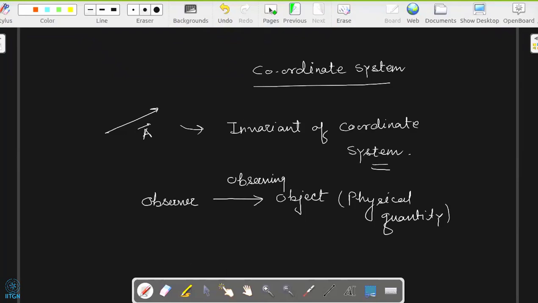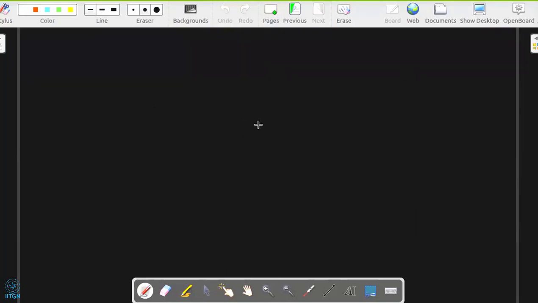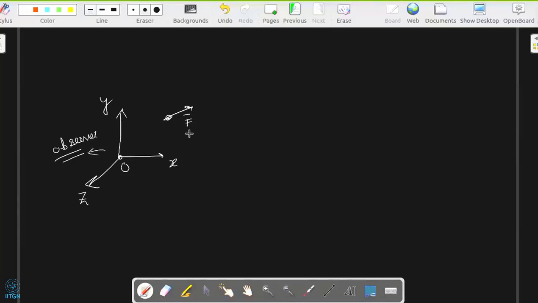Now what we are doing is fixing a coordinate system. Let's say this is your well-known x, y, z coordinate system, and this is its origin. Actually, we are giving a position to the observer. This is where the observer is, and with respect to this coordinate system the observer is observing something, either force or velocity or different types of physical quantities.